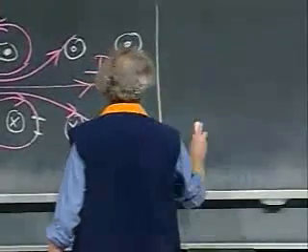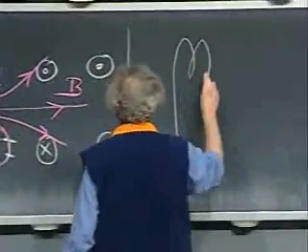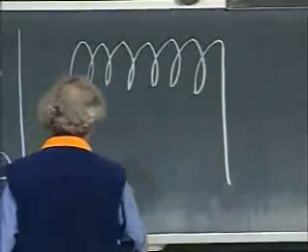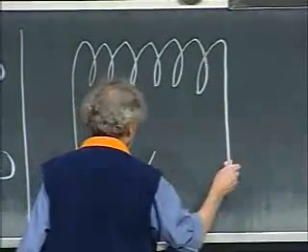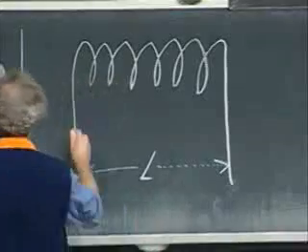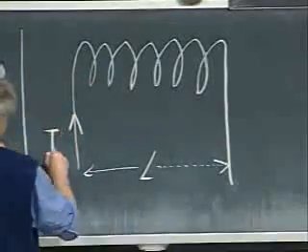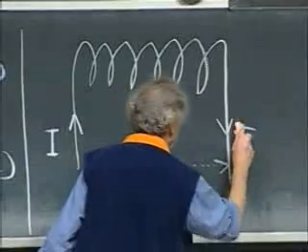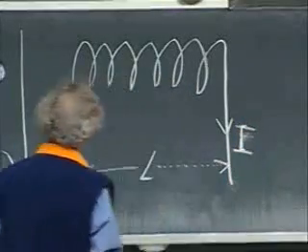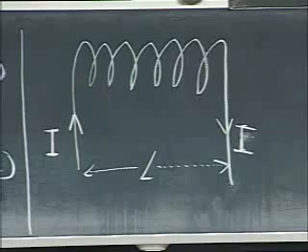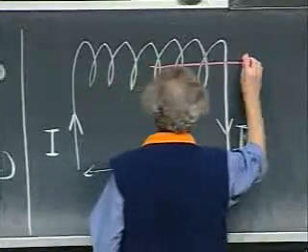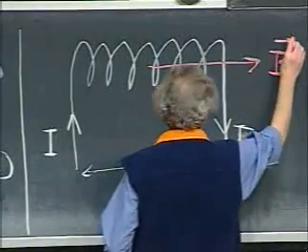Let this be my solenoid, and the length of the solenoid is capital L. A current I is going through like so. And I assume that if I look from the left side, the windings are wound clockwise. So I know that the magnetic field is then in this direction.